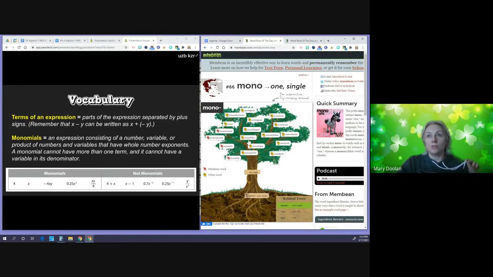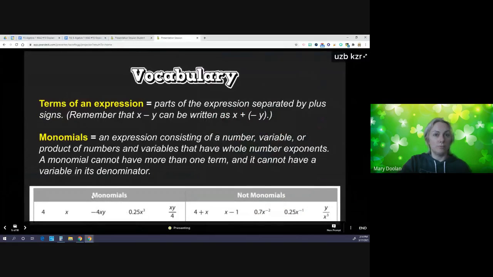Here's a bunch of words that start with mono, like monopoly, monopolize, monologue, monochrome, monogamy, monotone, monotheism, monorail. If you think about them, it's singular, just one. And that goes with what we have here, one term, monomial.